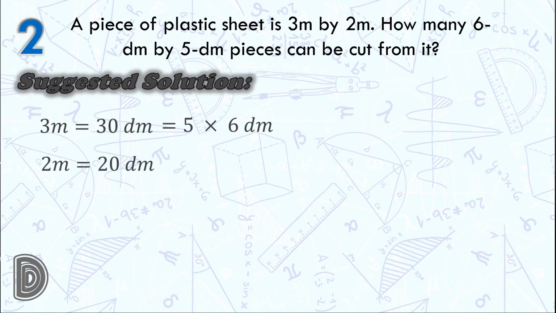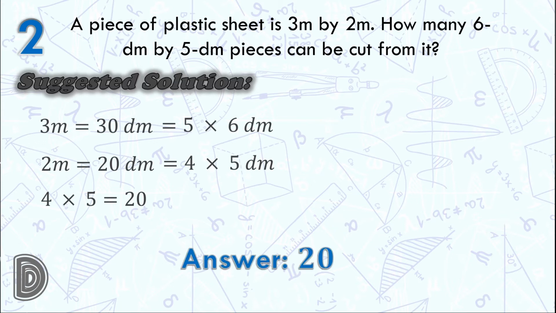The width of the plastic sheet is 2 meters, equivalent to 20 decimeters, and we can have 4 cuts of 5 decimeters on this side. Hence, we have 4 times 5 pieces of 6 decimeter by 5 decimeter, and that is equal to 20.